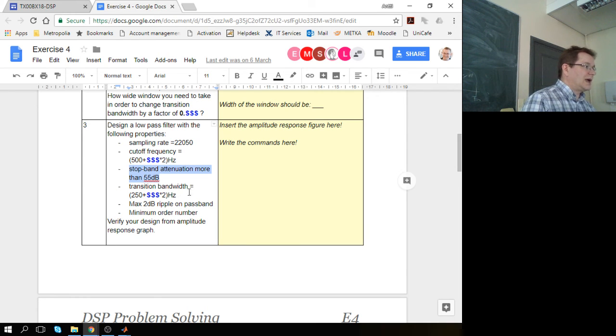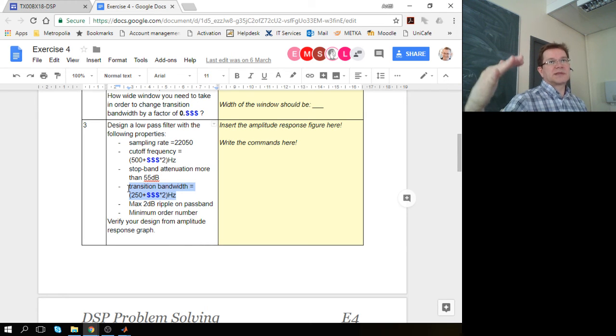And then the transition bandwidth. You will last select exactly, or tweak, the window width. You start with an arbitrary window width, and then you scale it so that your filter design matches these requirements.